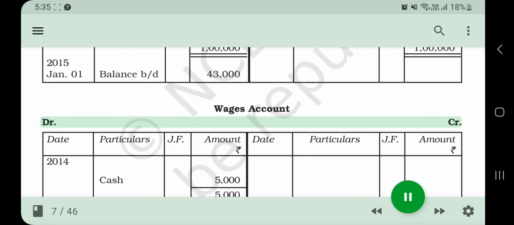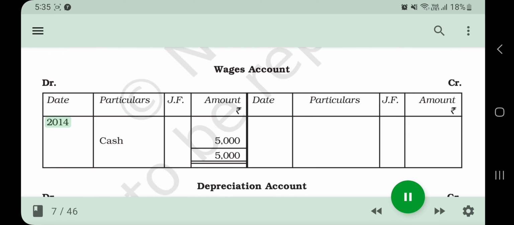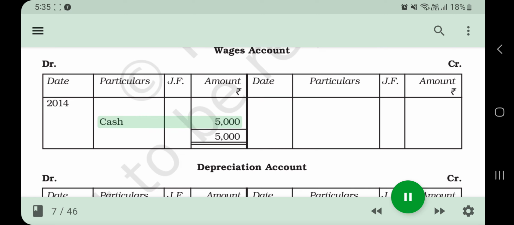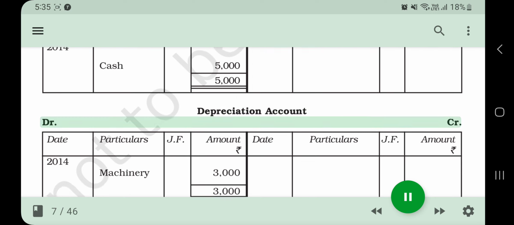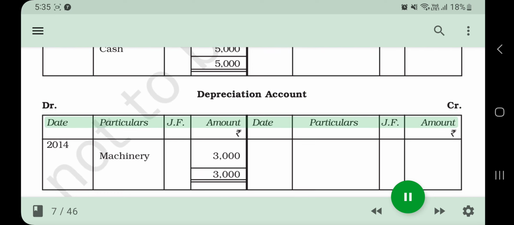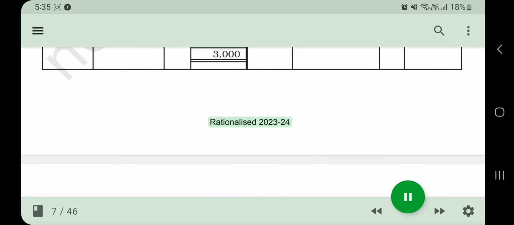Wages account. 2014 Cash 5,000; total 5,000. Depreciation account. 2014 Machinery 3,000; total 3,000.